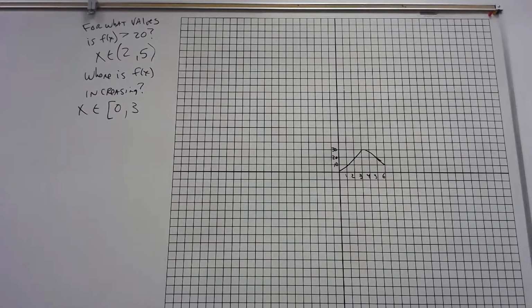So it's both increasing and decreasing at 3. So should I put a square? Who says square? 1, 2, 3, 4, 5. Who says round? 1, 2, 3, 4, 5, 6. Majority wins. It's round, because it's both increasing and decreasing at 3.